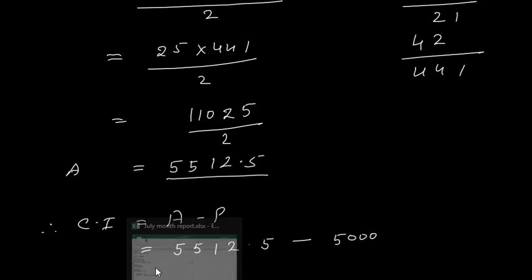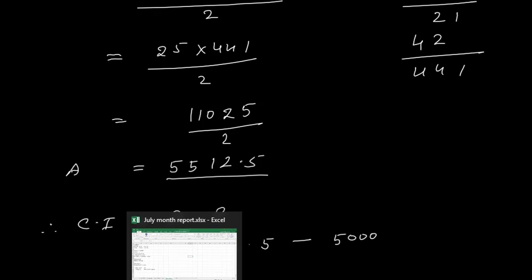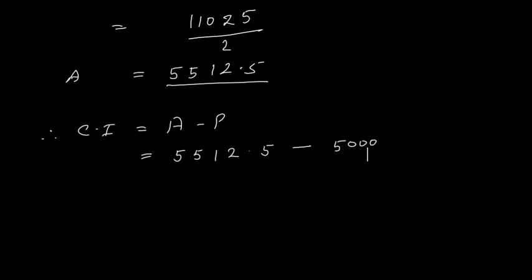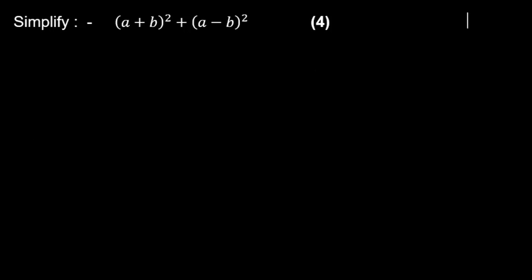So the value we got here is 512.5. This is the value of compound interest. Done? Okay. So we have got the value of the amount as well as the compound interest. Now let us see this last question.